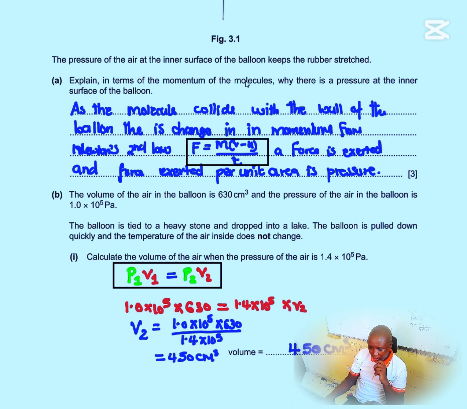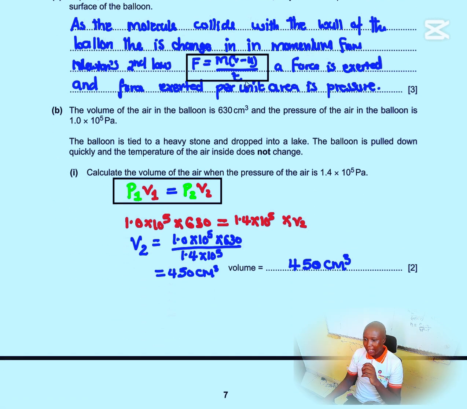The force exerted per unit area is pressure. We are told that the volume of air in the balloon is 630 and the pressure of the air is 1.0 times 10 to the power 5 pascals. The balloon is tied to a heavy stone and dropped into a lake, pulled down to the floor, where the pressure is 1.4 times 10 to the power 5 pascals.